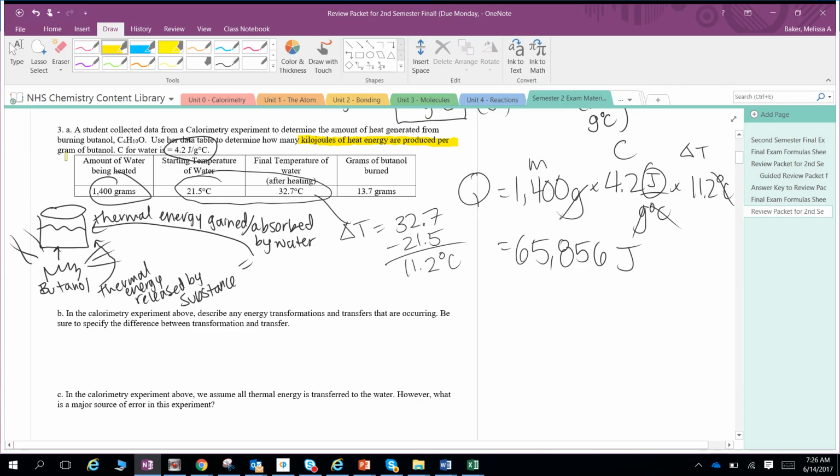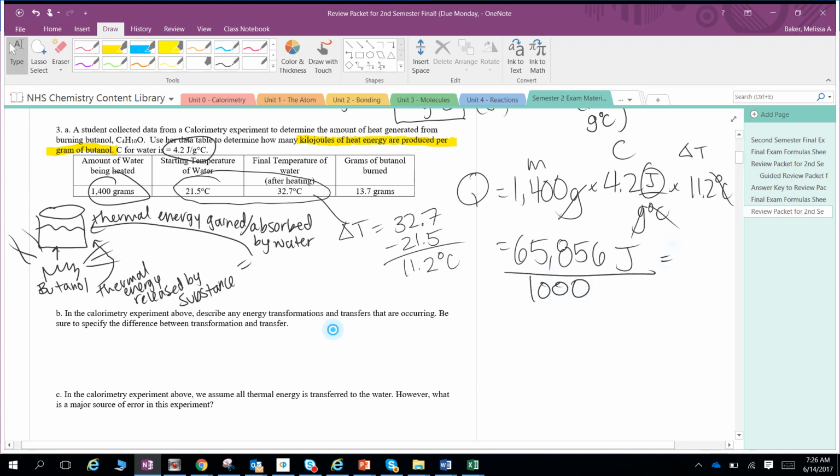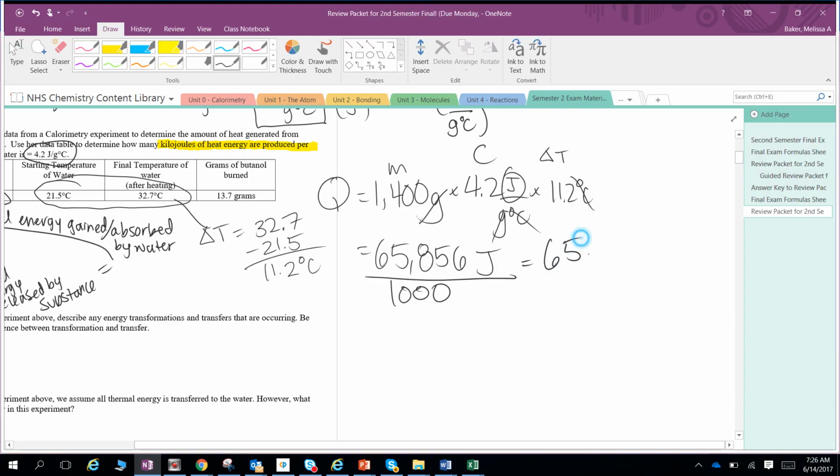If I look back at the actual problem, it says it wants to know how many kilojoules of heat energy are produced per gram of butanol. So I've got to get this into kilojoules by dividing by 1,000. That comes out to be 65.856. I'm going to carry the decimals and round a little bit later. Now it says per gram of butanol. It's important to know during this process how much fuel was actually burned off. The more fuel that's burning, the more energy.